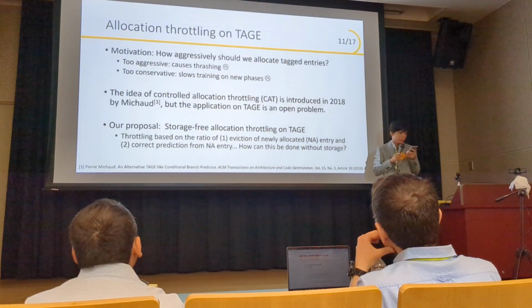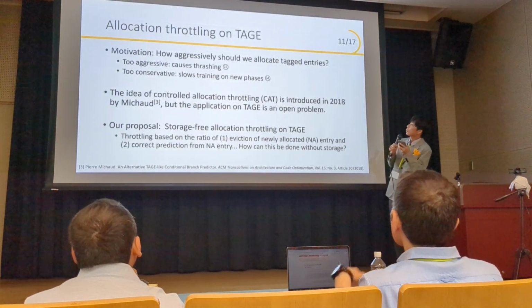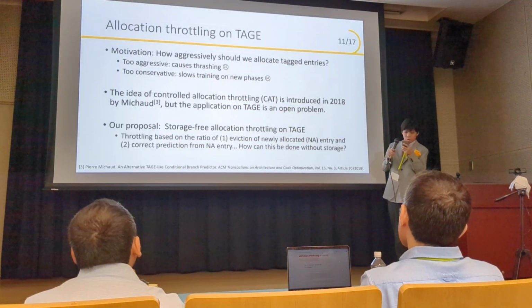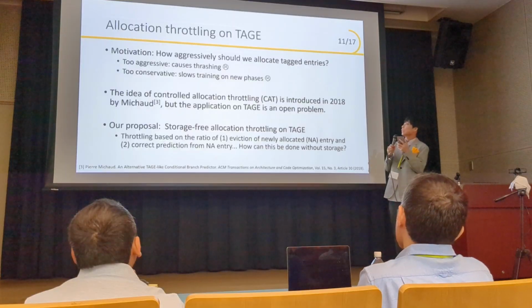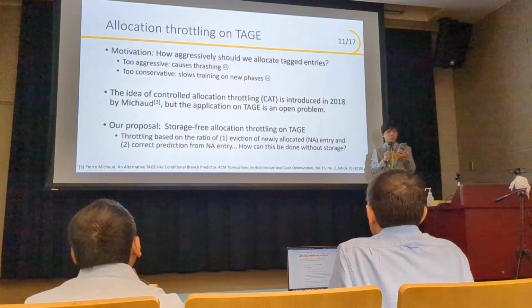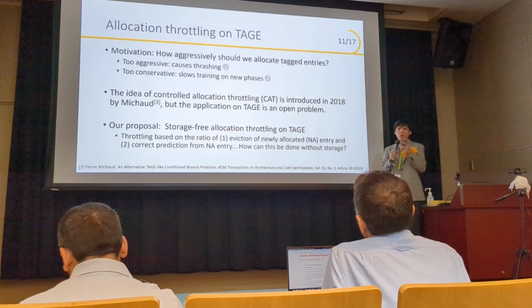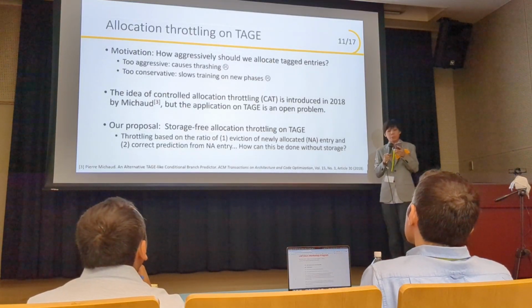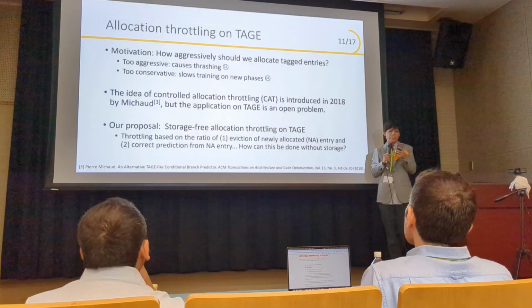The next is the second contribution, allocation throttling. Allocating too many new tagged entries can thrash the table, but allocating too few can slow learning.